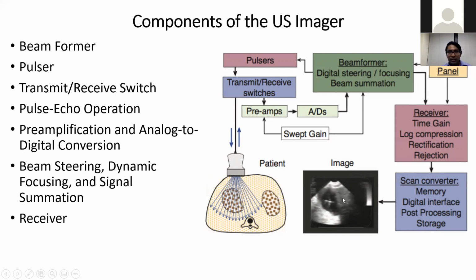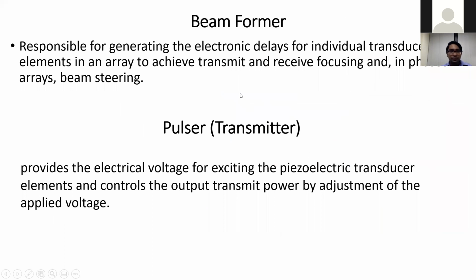So I'll delve a little bit deeper into these different components. The beamformer is responsible for generating the electronic delays for individual transducer elements in an array to achieve transmit and receive focusing and beam steering. So that's the role of a beamformer. The role of a pulsar, as I mentioned, is to excite these piezoelectric elements at very high voltages so that they can insonify the medium.